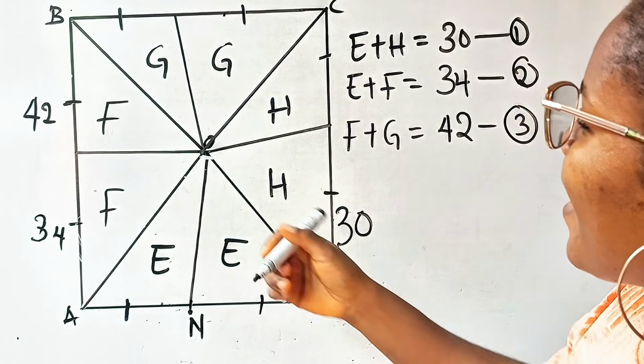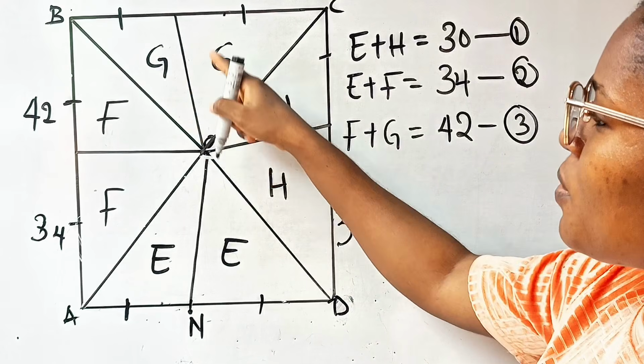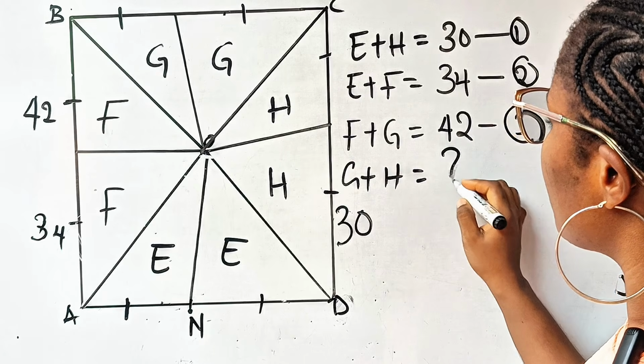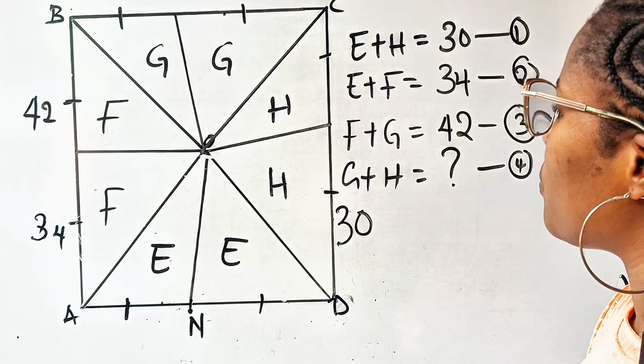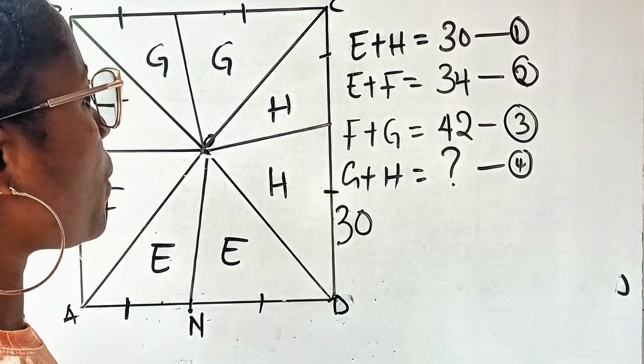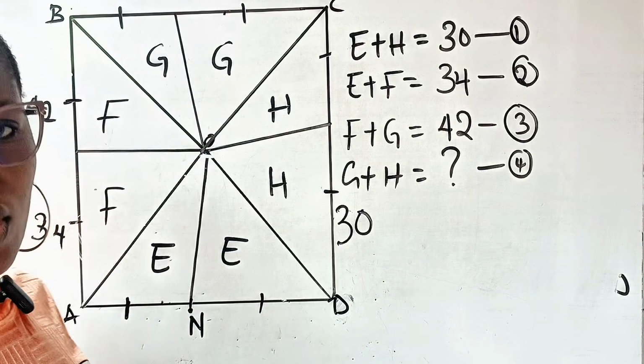Okay? Alright. Now G plus H is the one we are looking for. Let's call this equation 4. Now we have a system of equations and we have some values already on ground.